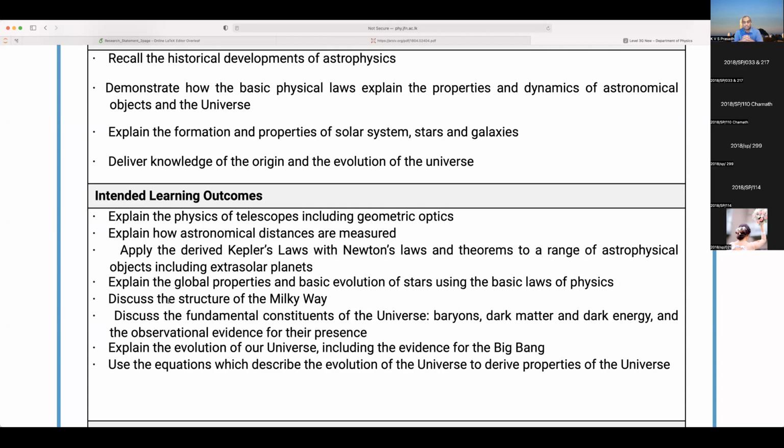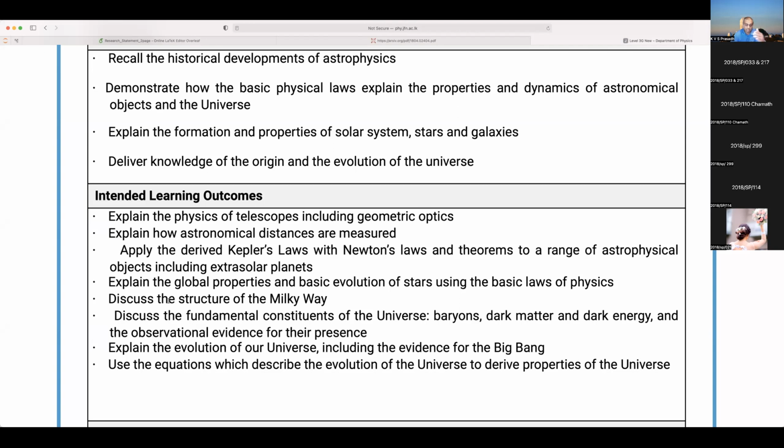For example, if you need to measure the distance to a particular planet, there is no way that you can reach that planet. So we have to use completely different techniques to measure distances in astronomy. So that will be interesting for us to learn about. So we will be learning about how these distances are measured.